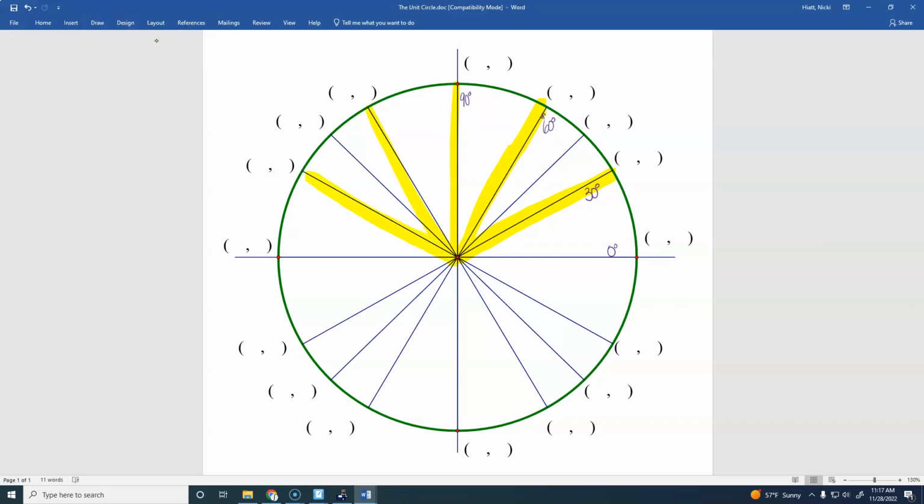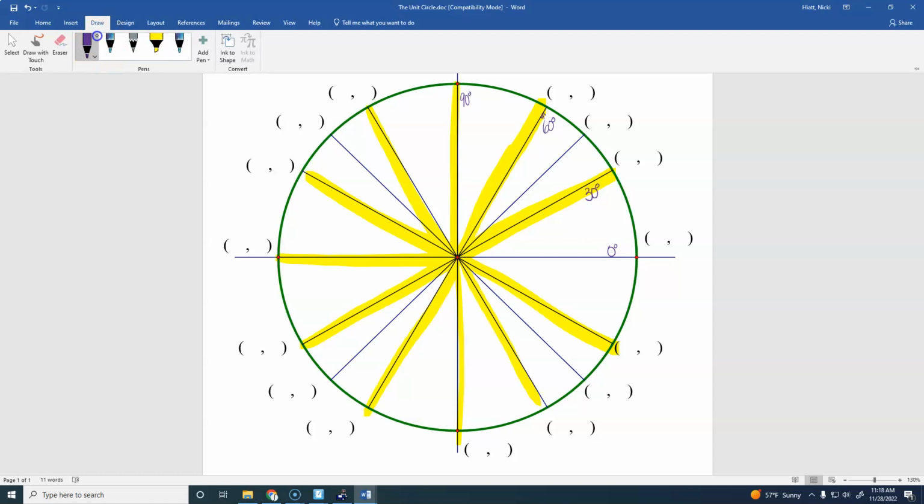If I'm looking at just these, we'll highlight them here. I'm just going around and counting by 30 degrees. So this would be 120, this would be 150, this would be 180, this would be 210, 240, 270, 300, and 330.